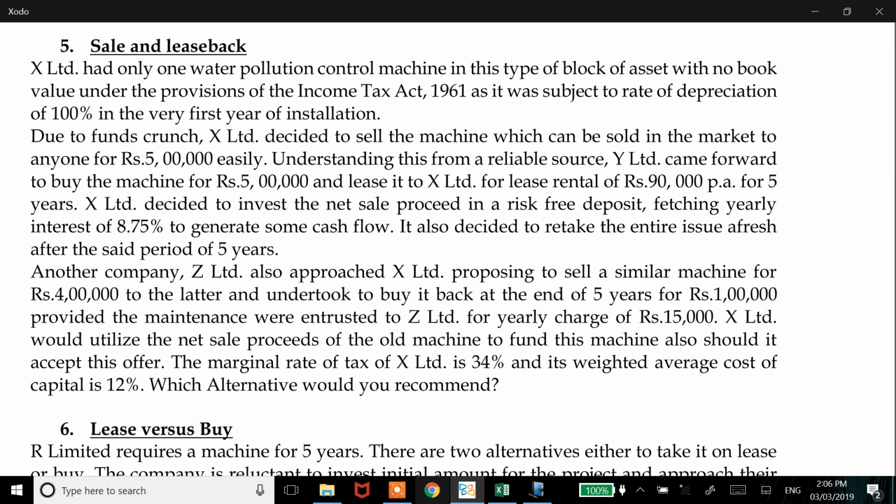The initial outflow therefore would be 70,000.